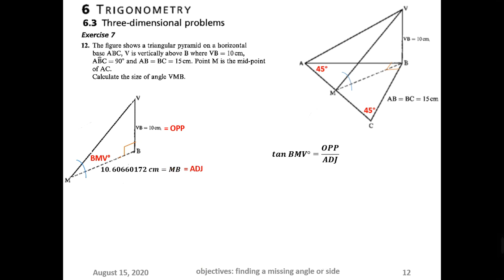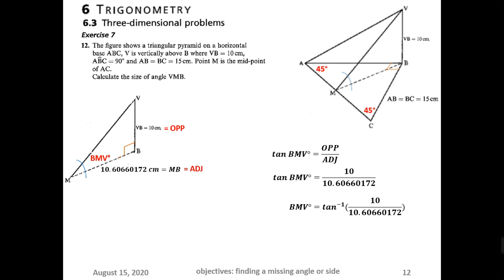Since the opposite and the adjacent are known, we're going to use the tan rule. Tan of BMV is equal to opposite over adjacent. Substituting, tan of BMV is equal to 10 over 10.6. To find the unknown angle, we need to use the tan inverse rule, so BMV is equal to tan inverse of 10 over 10.6.